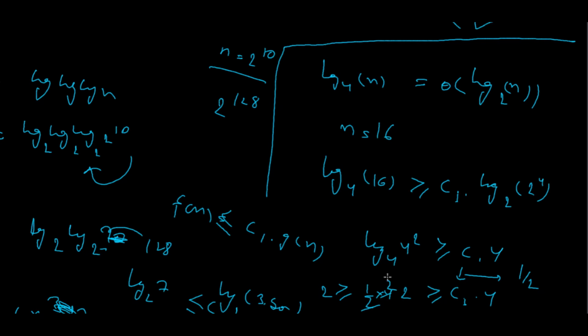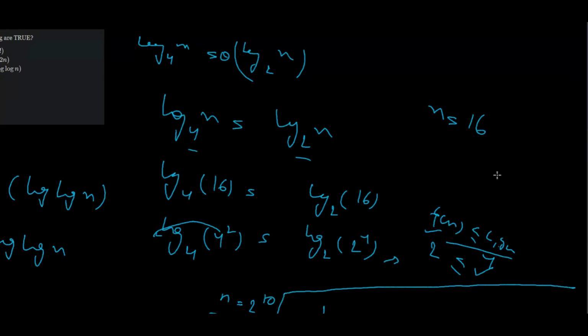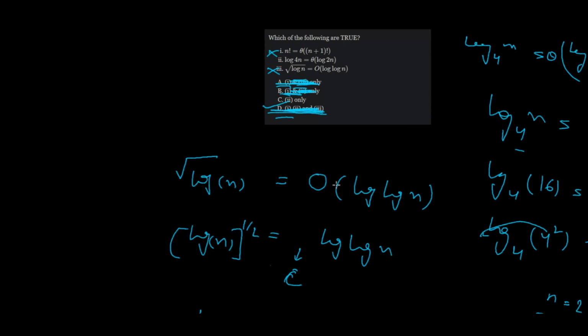So the second condition, f(n) greater than or equal to c2 dot g(n), is proved right here. So the answer must be option C.